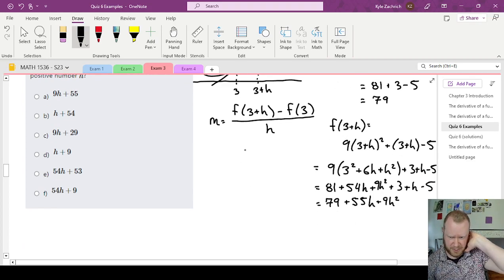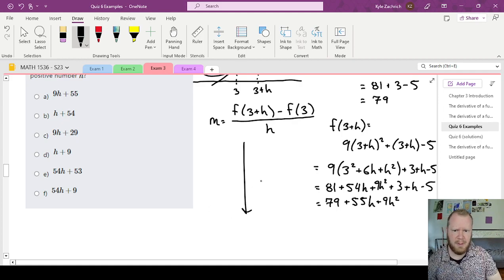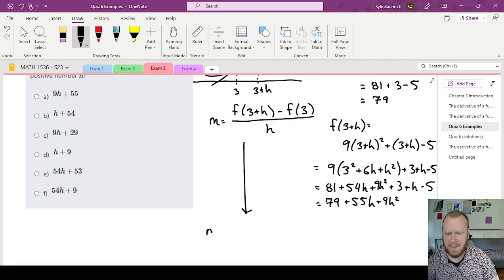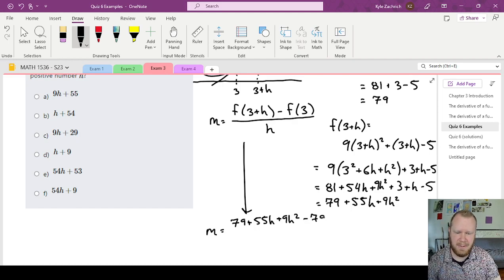Okay, so working through this one, I've got m is going to be equal to 79 plus 55h plus 9h squared minus 79, all that divided by h.